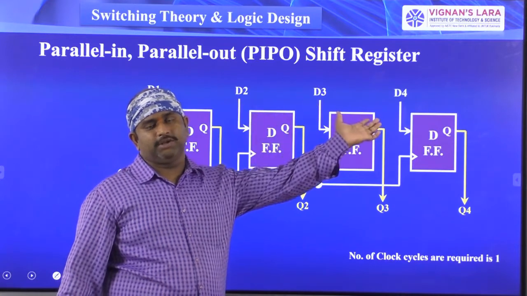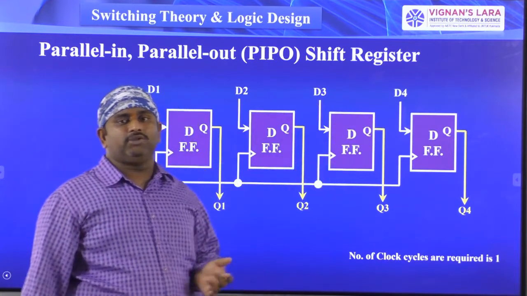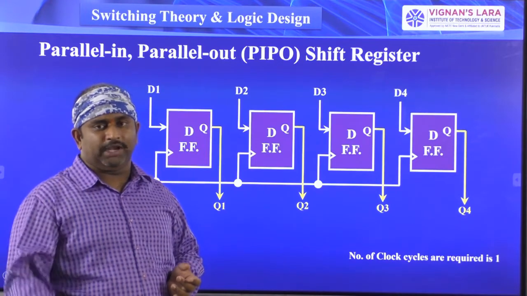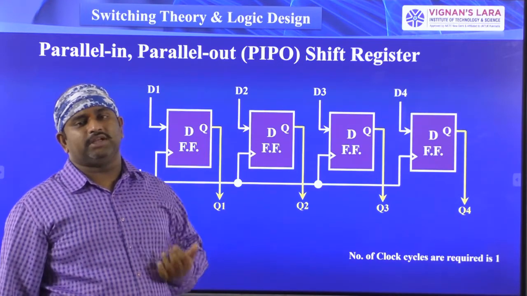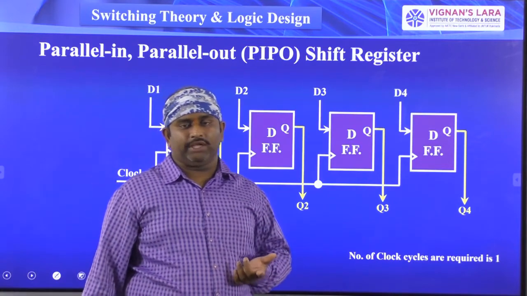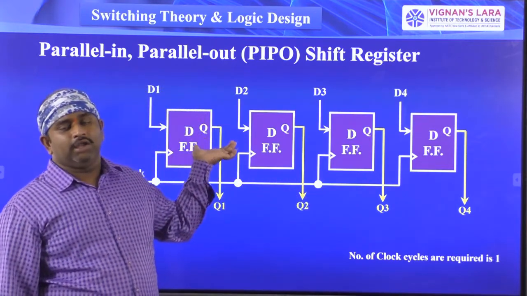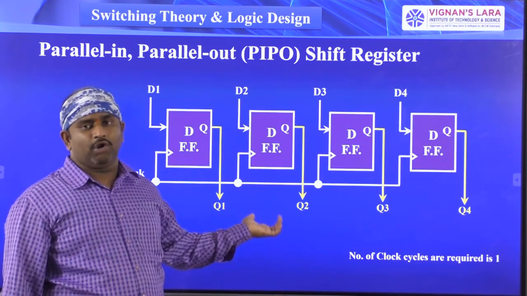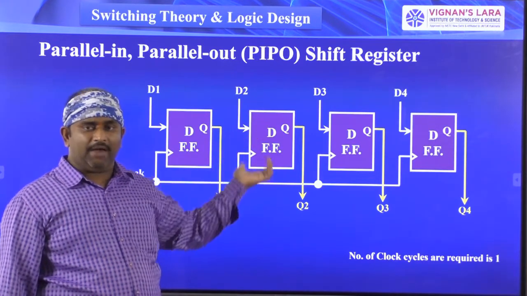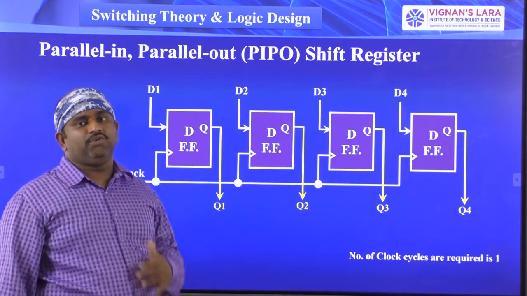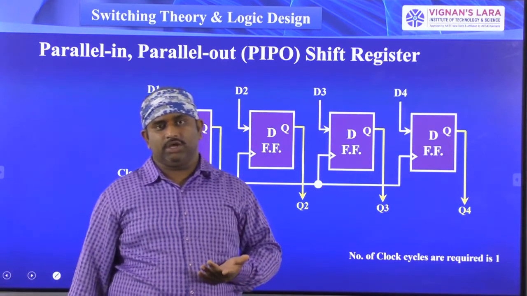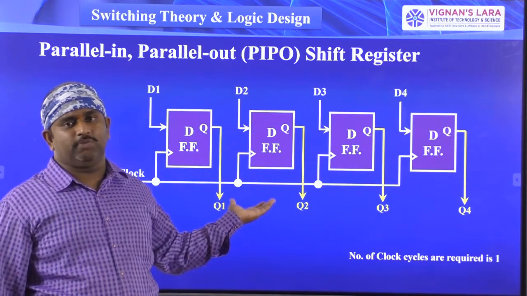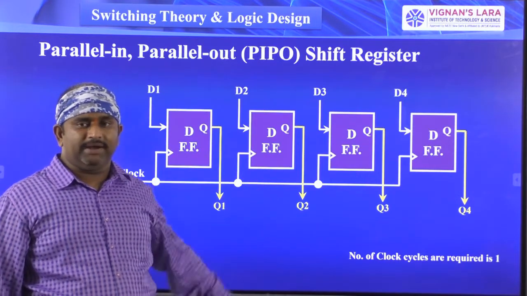So 4 input terminals you have to place, whereas in the serial input, serial output configuration, you give the input at only one location and collect the data at only one location. But here you have to give the input at 4 locations and collect the data at 4 output locations. So manufacturing this type of device takes more cost. The circuit design is very easy compared to the serial input, serial output configuration, but it is very costly.